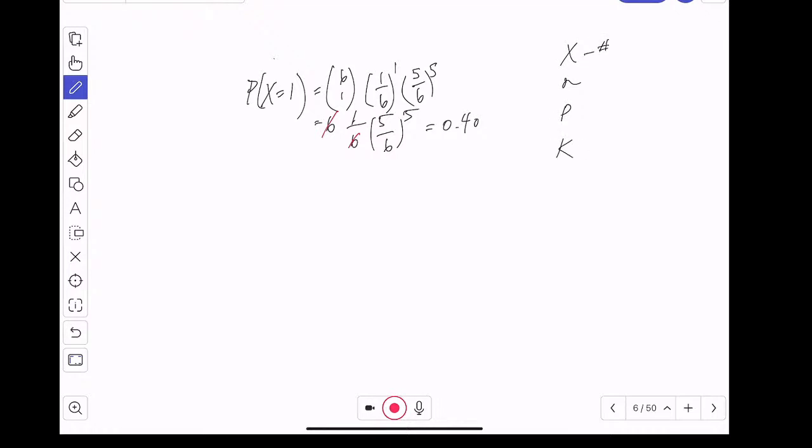K is the number of successes in n independent trials. N is the number of trials. P is the probability of success.